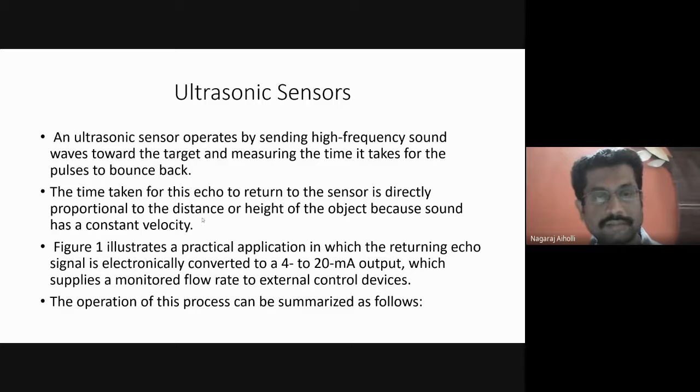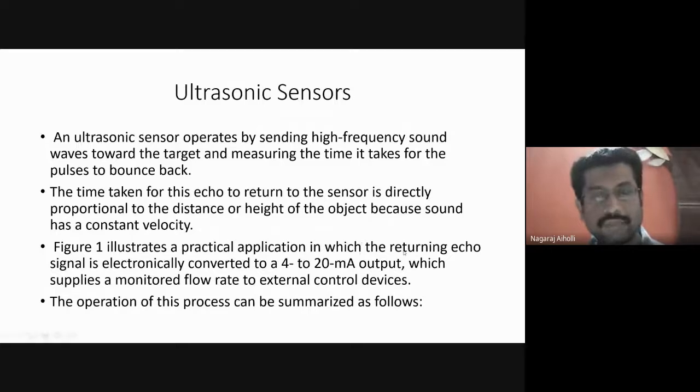Figure 1 illustrates a practical application in which the returning echo signal is converted to a 4 to 20 milliampere signal. The returned signal is converted to a 4 to 20 milliampere electrical signal. That means the sound energy is converted into an electrical signal, and this electrical signal can be used to monitor certain parameters and to control devices.